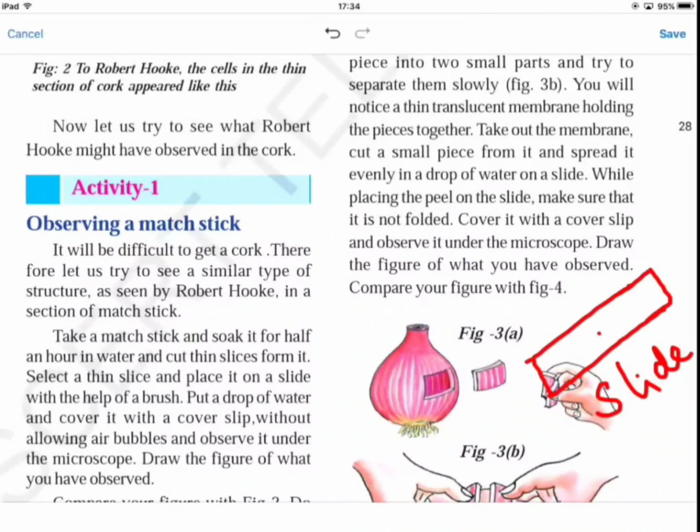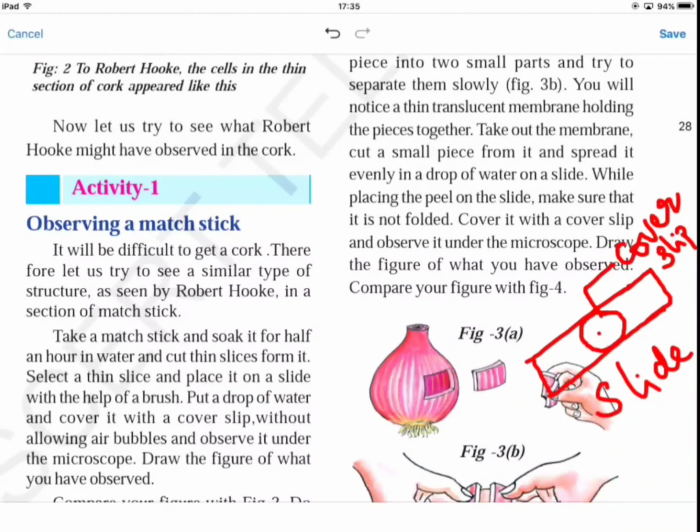Then we will place a round glass piece, which we call a cover slip, and we should very carefully place the cover slip over the slide, because there is a chance of getting air bubbles. If we see these air bubbles under the lens, they will be seen very large, and we cannot see the actual thing which we want to.